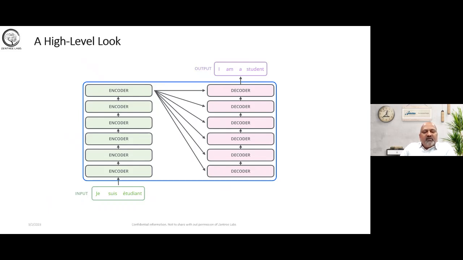From the last encoder stage, the encoder values are fed to the decoders of different stages, so that the interdependencies are resolved in a decoder stage to predict a word for the translation.